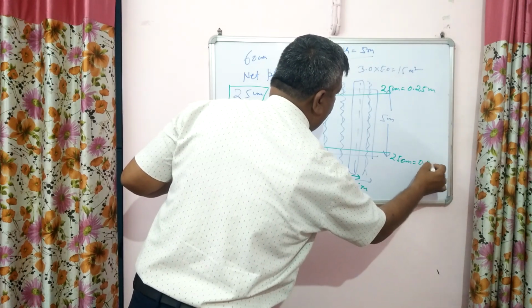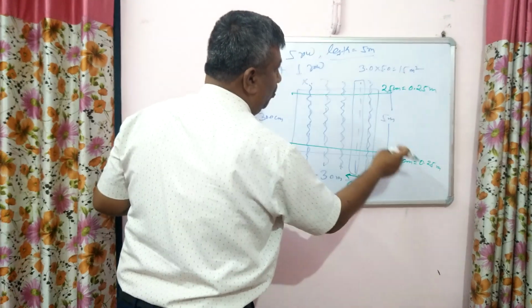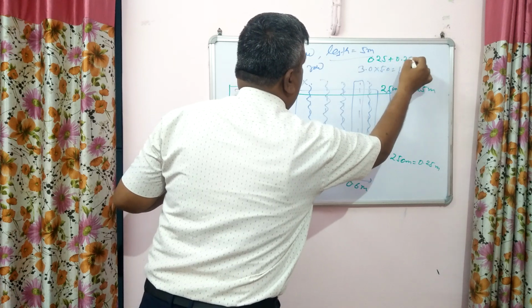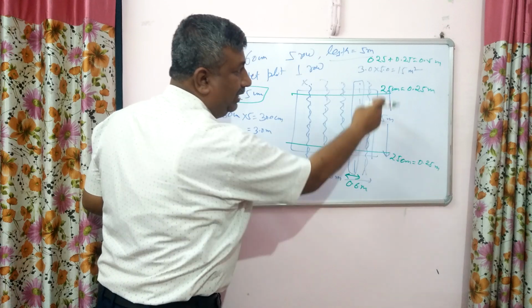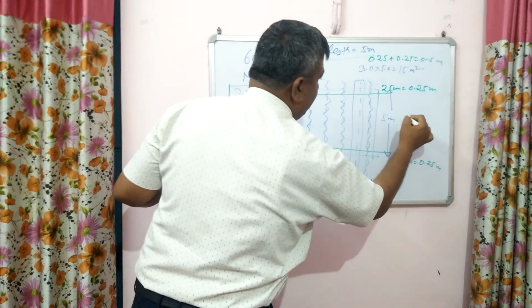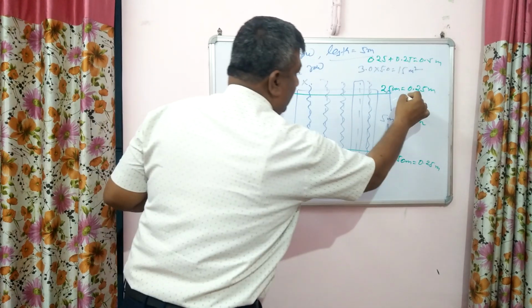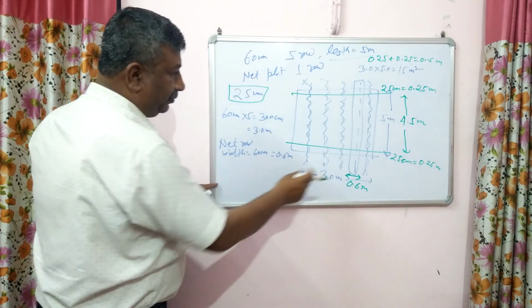So the total reduction in the length is 0.25 plus 0.25, that is 0.5 meter. So total length is 5 meter and reduction is 0.5 meter. It means its length is 4.5 meter. So the net plot length is 4.5 meter and width is 0.6 meter.